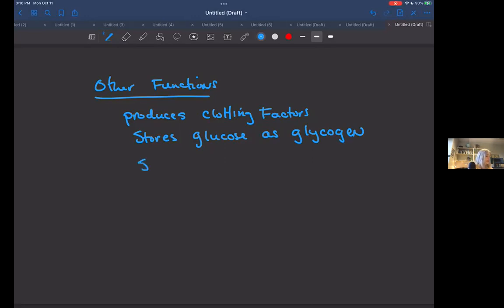The other thing that it does is it stores iron. So it's high in iron because it recycles some of the components of hemoglobin. And it also functions to detoxify substances that are absorbed in the blood, specifically from the small intestine.